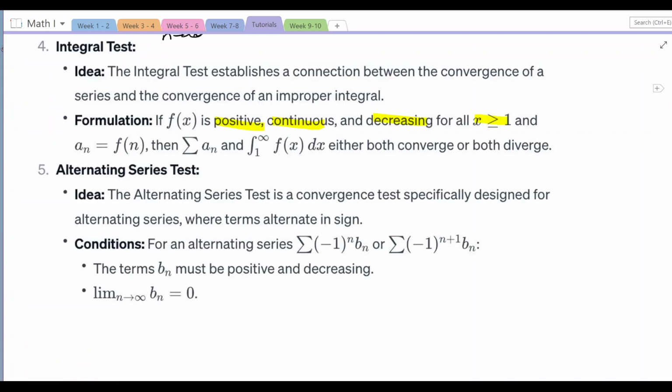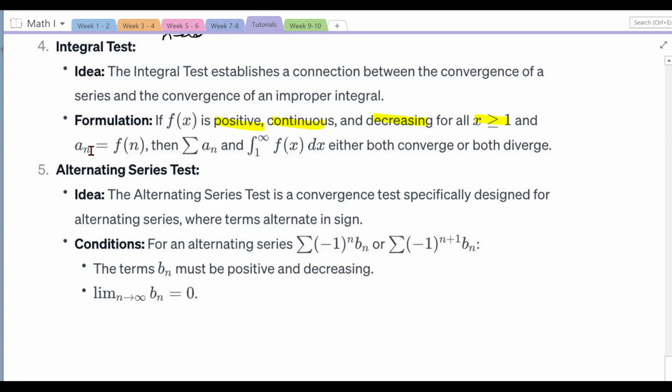So from the previous slide, integral test, we can use it to determine a series, in this case a function of x, for example, or a function of n. For the case of x, it must be positive, continuous, and decreasing for x greater than or equal to 1.